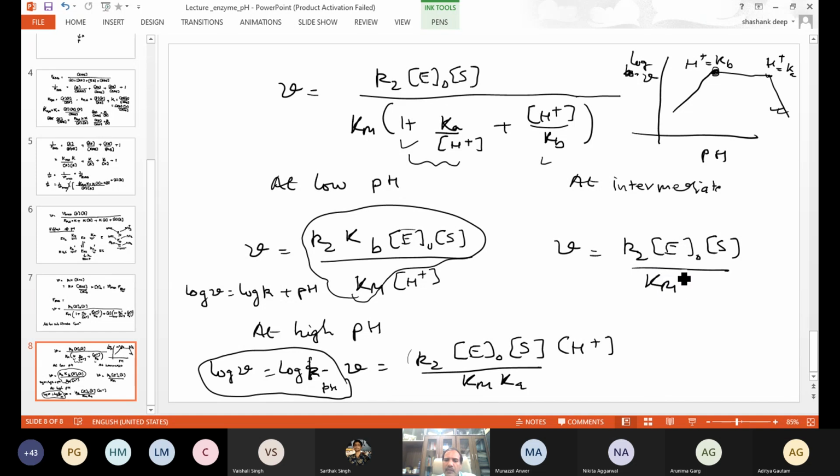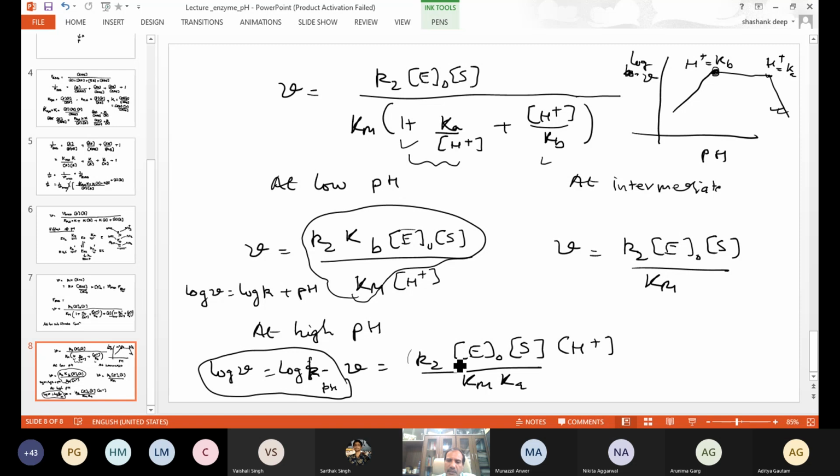This K2 E naught S Km cancels out. What is left is Kb equal to H plus, or Kb by H plus equal to 1. So H plus is equal to Kb; this point is given by H plus equal to Kb.